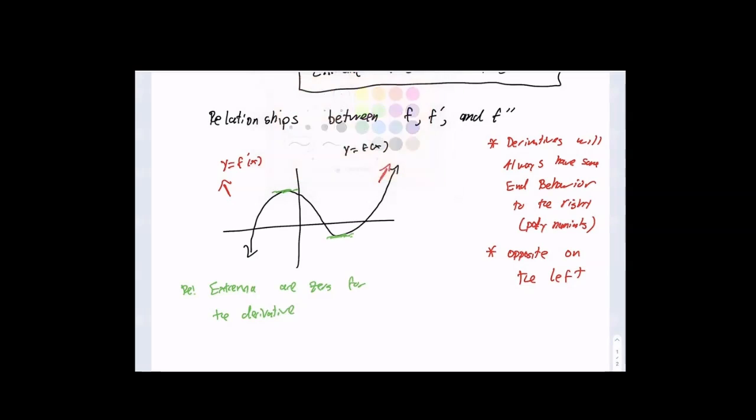If that's a relative extrema, then that has to be a zero for this graph, and this has to be a zero for this graph. So I know that this graph is going to go here and then come back up to here.